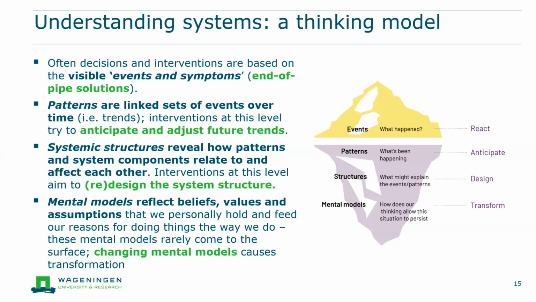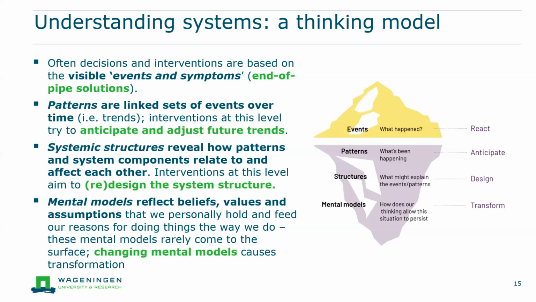So we're not looking at one event or one single point in time, but at patterns over time. And one part of food system analysis is often to identify these big trends over time in all kinds of indicators: economic, social, and environmental.